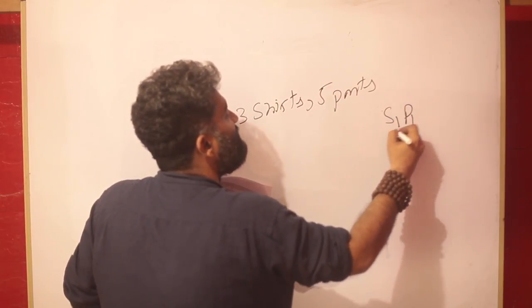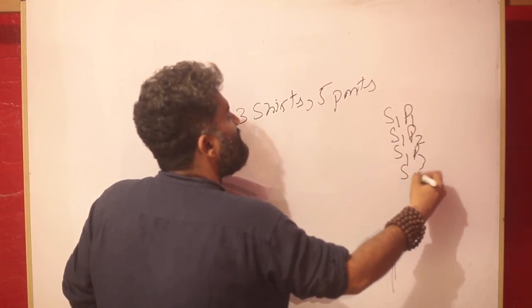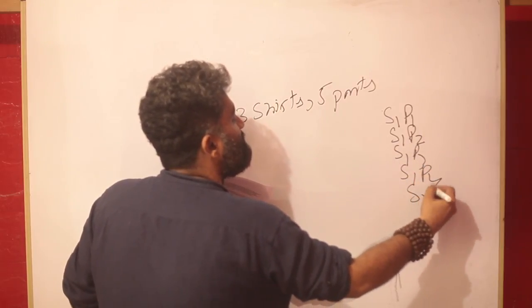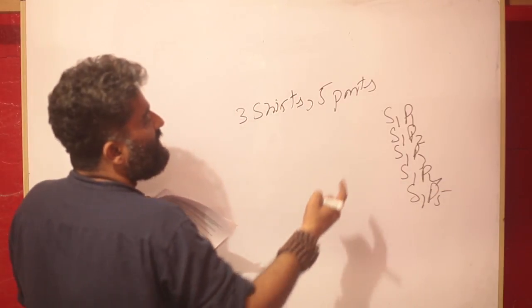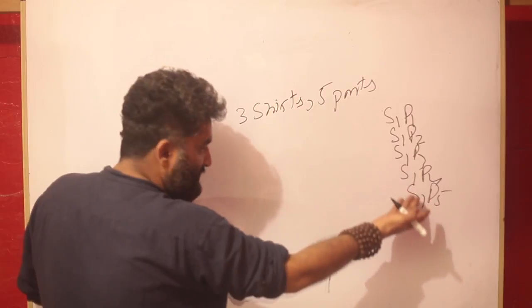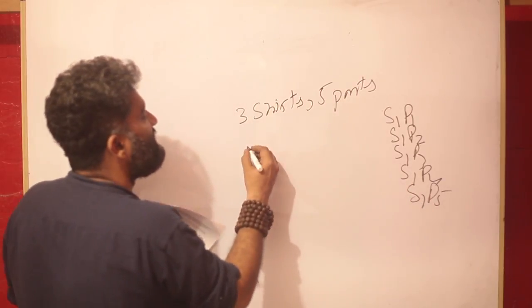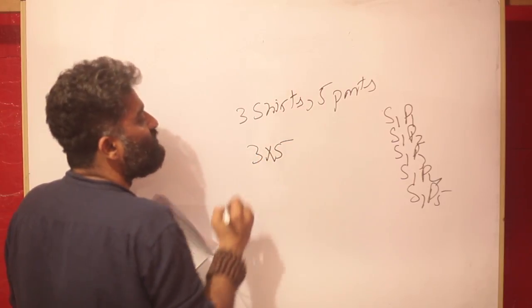Shirt 1, pant 1, shirt 1, pant 2, shirt 1, pant 3, shirt 1, pant 4, shirt 1, pant 5, right? So I see for each shirt there are 5 options. So now you can write the table for S2 also, S3 also, or you can notice a pattern and say my answer would be 3 into 5.